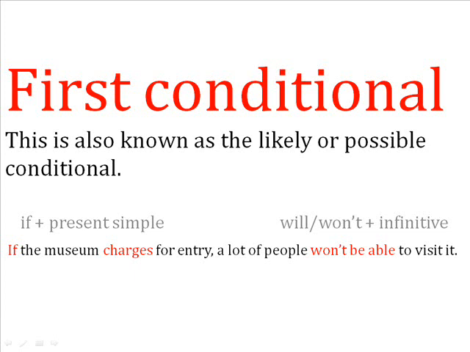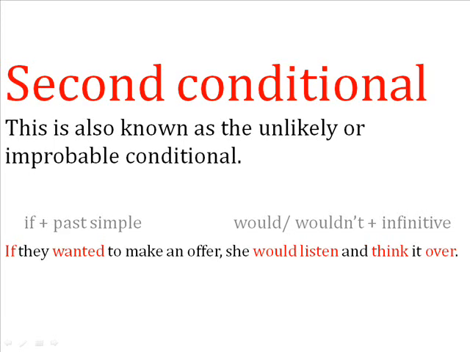Now, let's go on to the second conditional, also known as the unlikely or improbable conditional. We use it either to describe an improbable future event or situation, or a hypothetical current situation or event which is contrary to known facts.